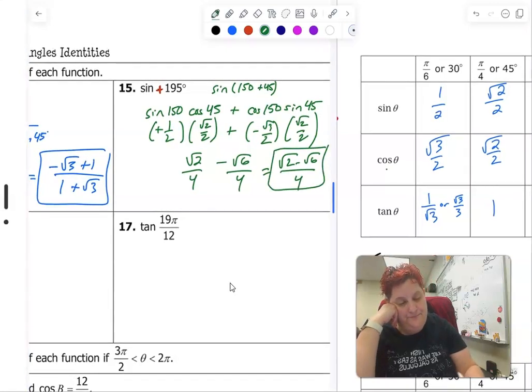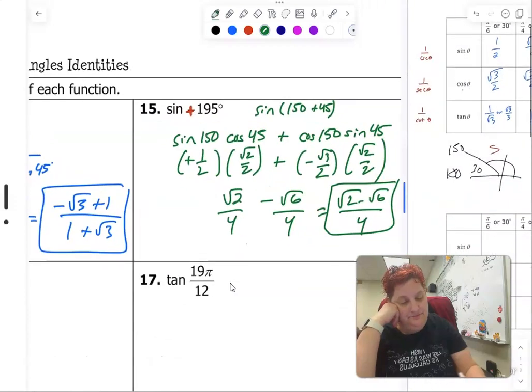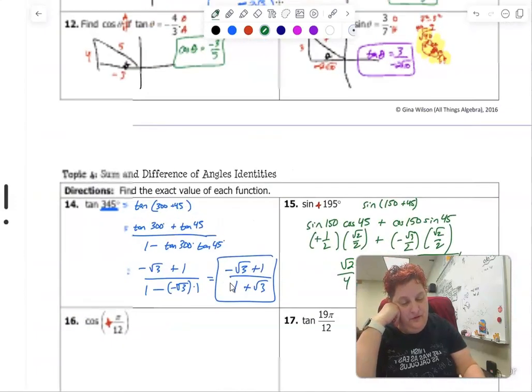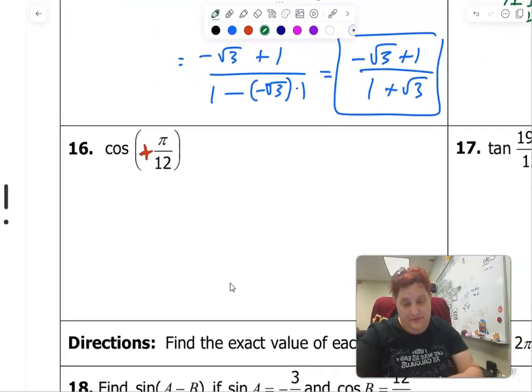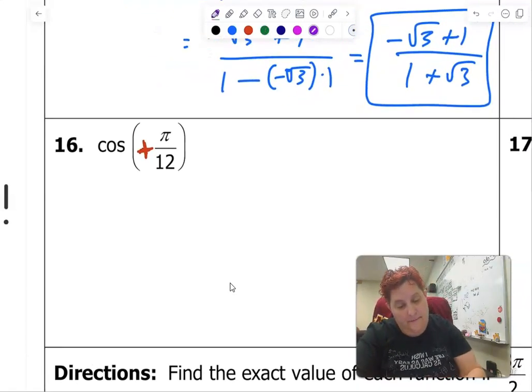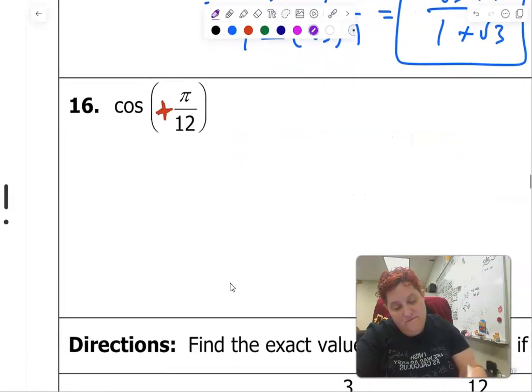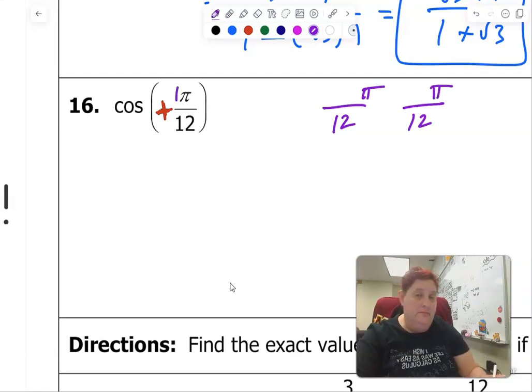Okay? All right, now, for the radians, here's how you do it. I need two numbers. I'm going to put them both over 12. They need to add or subtract to make 1, because this is 1 pi over 12.